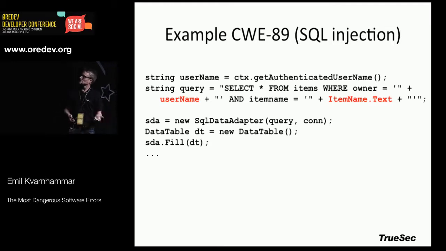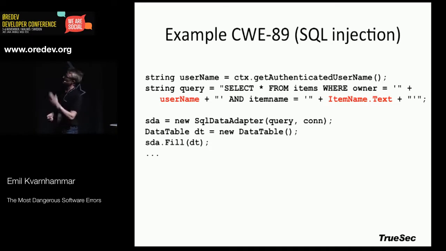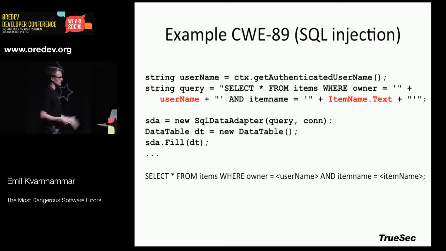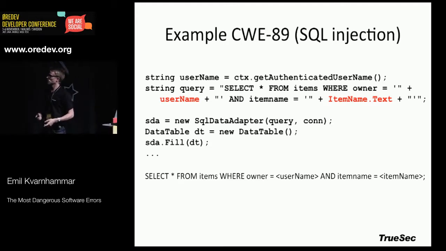In this case, the filter or the parameters is a username and an item name from some kind of text field, it seems. So to show that in a shorter version, it's basically select star from items where owner is the user in this scenario, and we only want to look up just this item name from the item name text box.